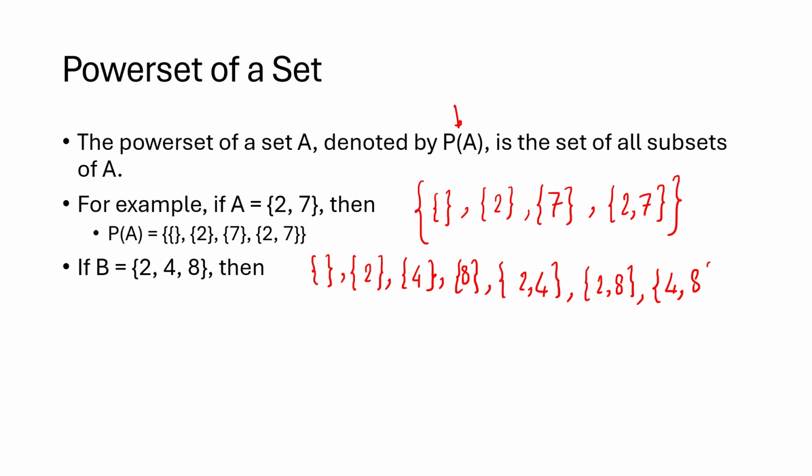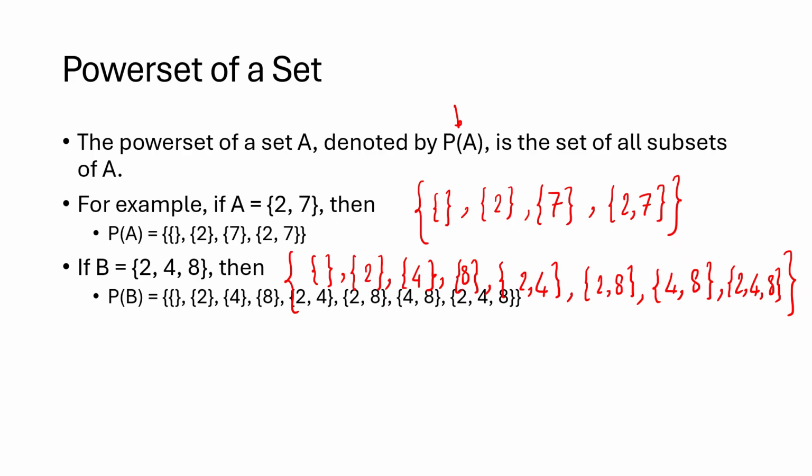So we have 3 subsets with 2 elements. And finally, we can have all 3 of them. So 2, 4, 8 is the largest subset of B, which is B itself. And if I create a new set with these 8 subsets as its elements, that's the power set of B.